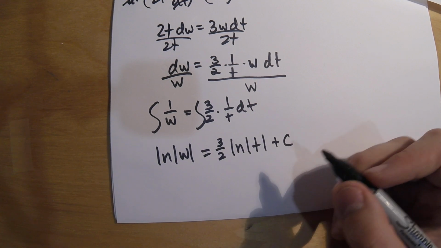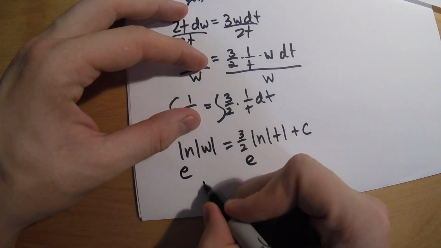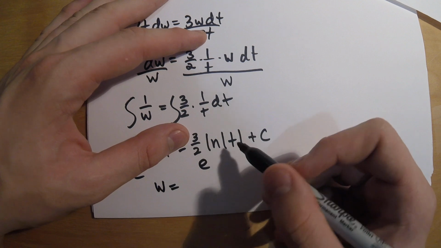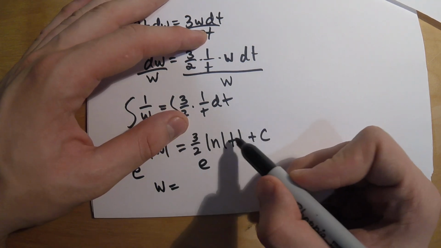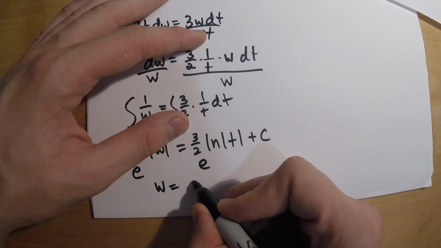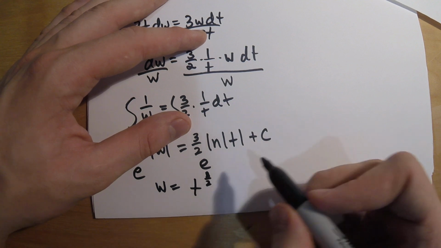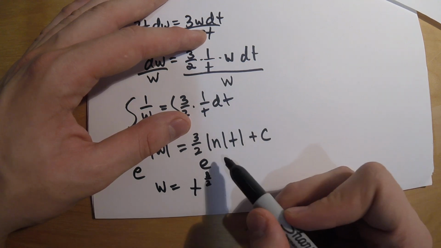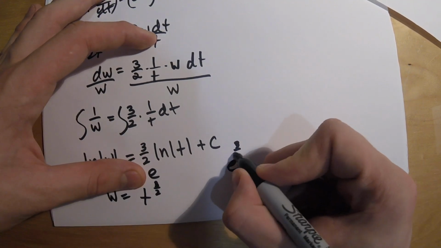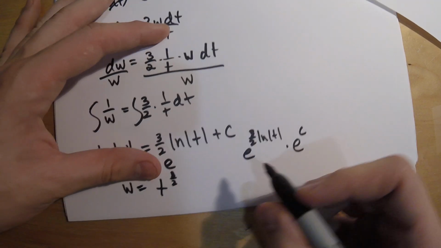Okay, if we raise both of these sides to the e power, we get w equals, and if you know your natural log properties, you know that this coefficient is actually the power of t. So we get t raised to the 3 over 2, and the plus here means e to the 3 over 2 ln of t times e to the c, right?